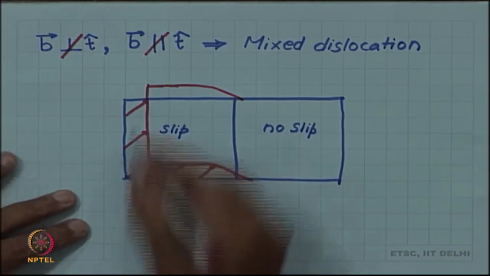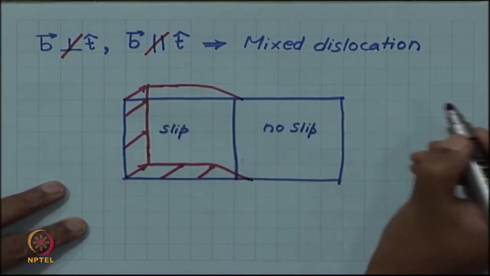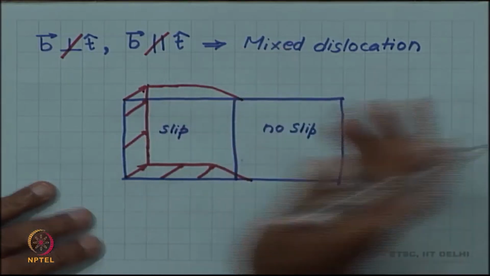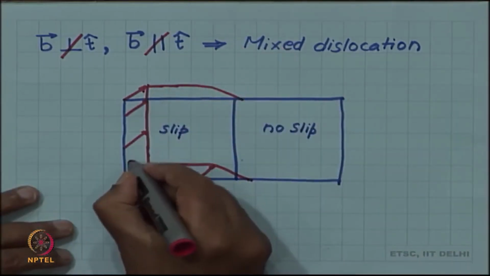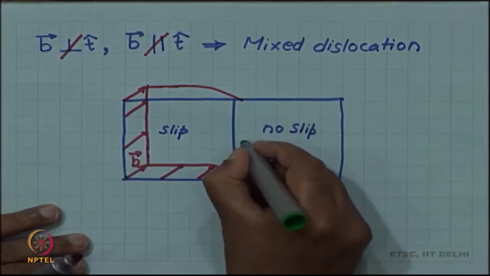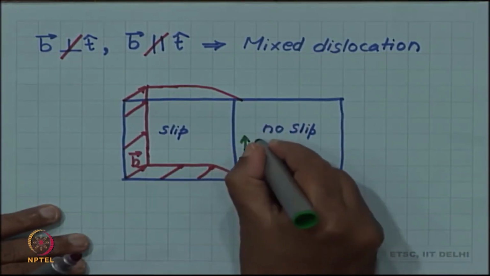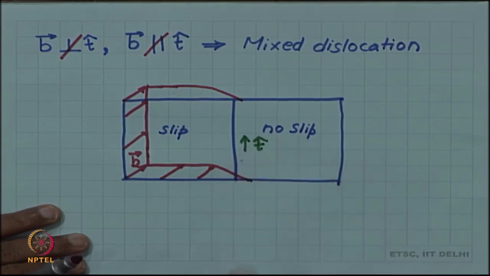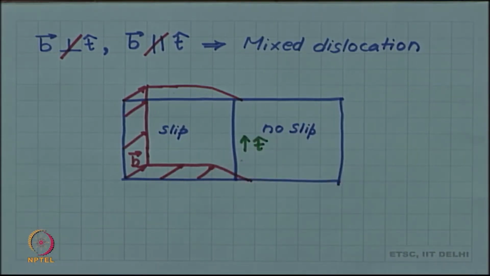You can see the slip is now in a direction which is arbitrarily related. So, this is the B Burgers vector, but it is neither parallel nor perpendicular to the tangent vector T. So, this will be the mixed dislocation.